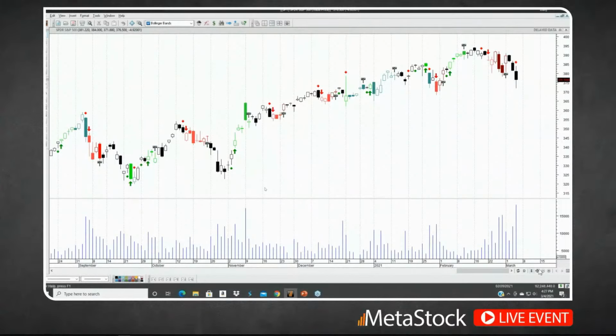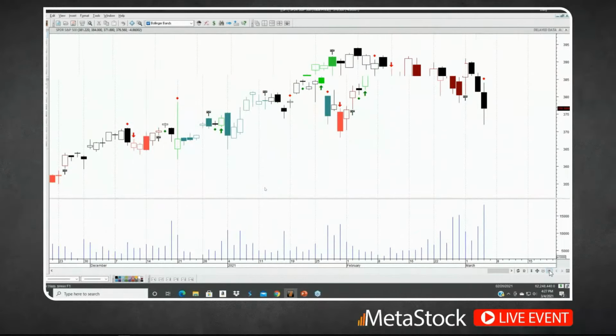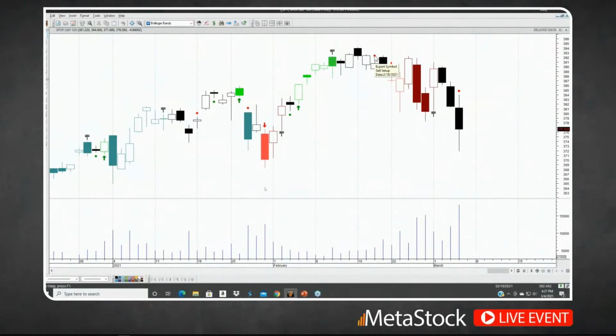I'm going to highlight a couple things here. Just to give you a background on the symbology, the diamond is our warning signal. So remember how I mentioned that you get the buy or sell warning. So a red diamond is our sell warning, and a green diamond is our buy warning. So we don't do anything other than, if we're going to take a trade off the signal, enter at that point.